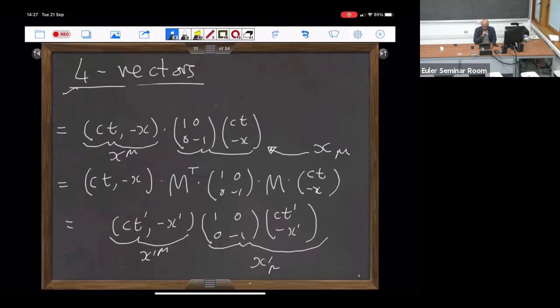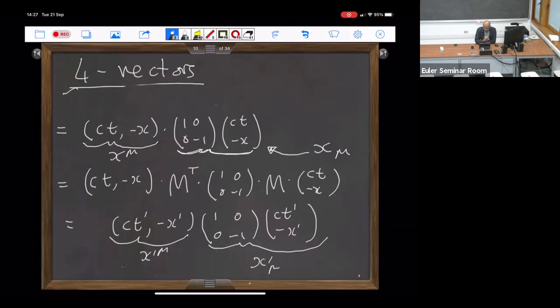All right. Now, before we do that, we're going to start introducing the 4-vector notation, or the Lorentz vector notation. Okay. So the thing that I started with, we can rewrite in the following way. We're going to call the column vector x lower mu.